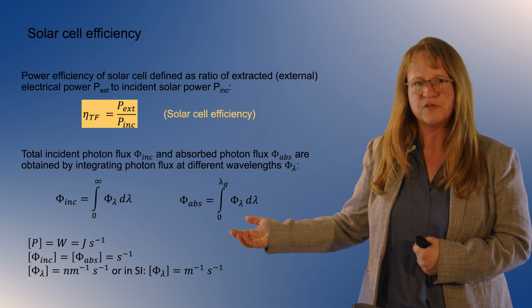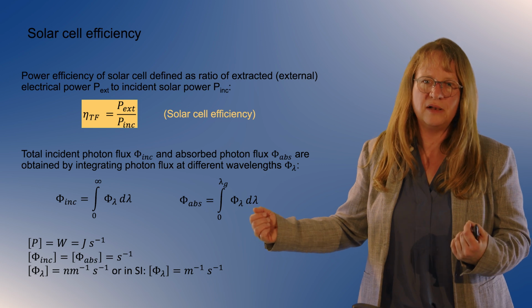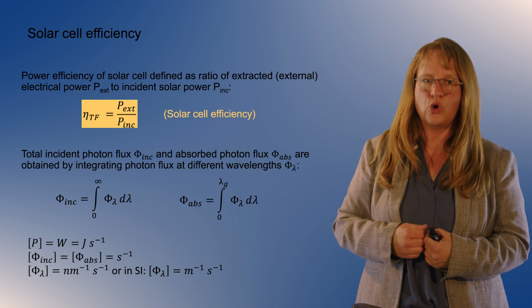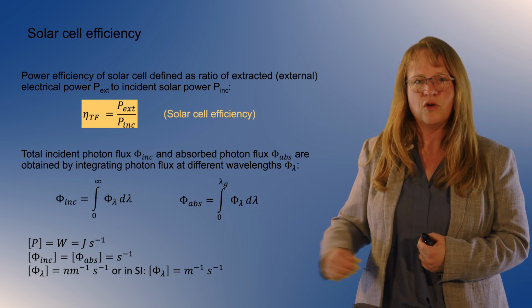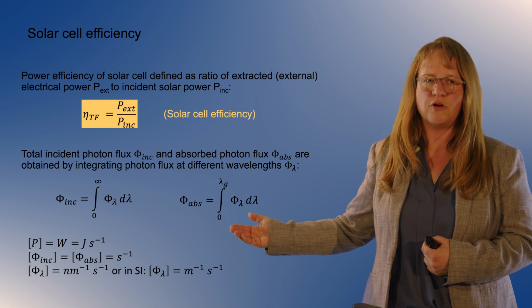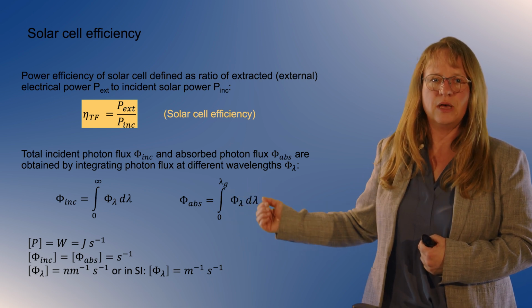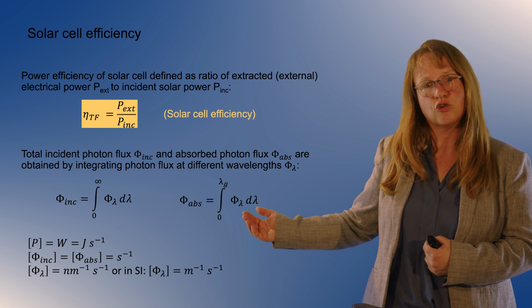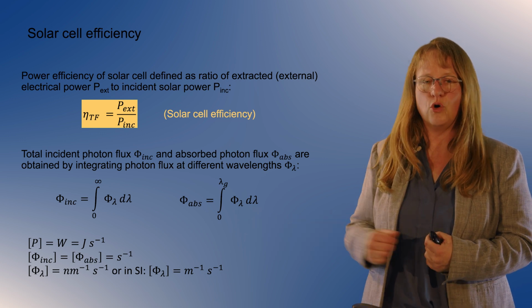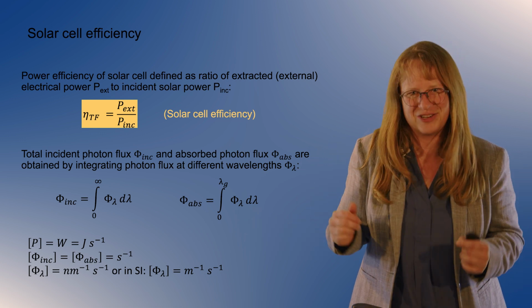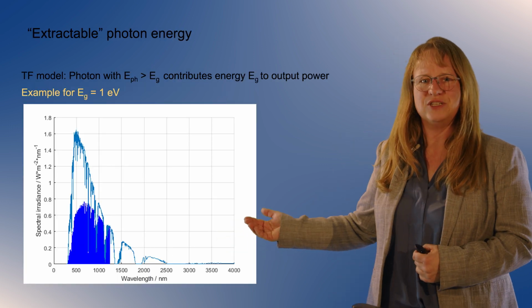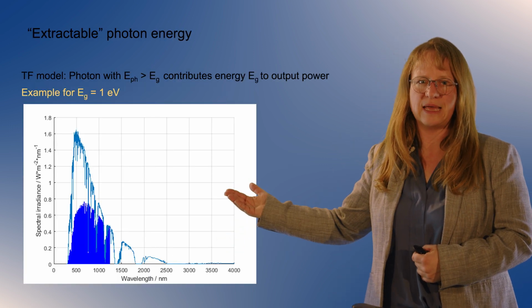And the absorbed photon flux is, in this model, such that all of the wavelengths are absorbed up to the band gap wavelength, which means that the absorbed photons are the integral from 0 to lambda band gap, integrated over the spectrum. So over all wavelengths, we need to integrate from 0 to the band gap wavelength.